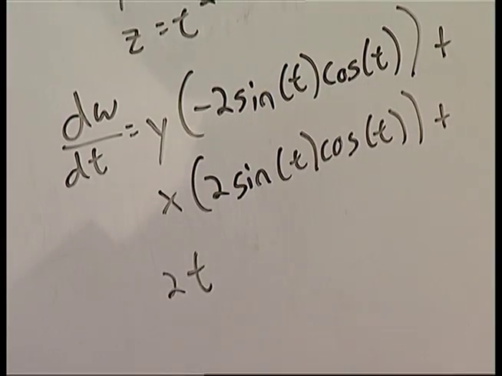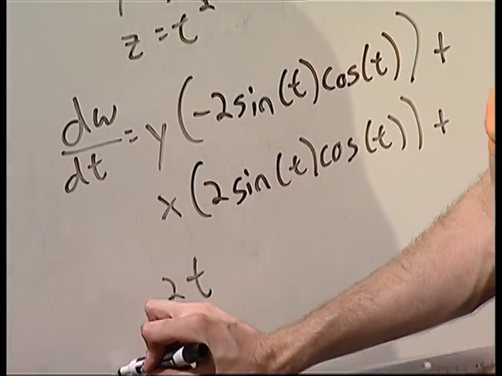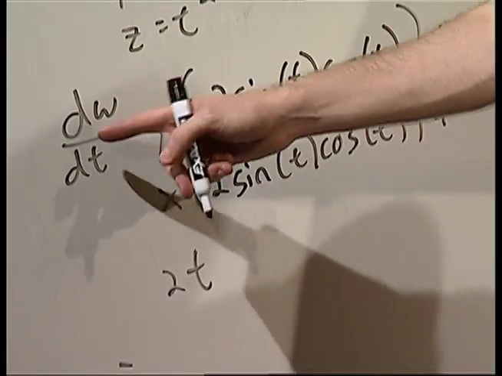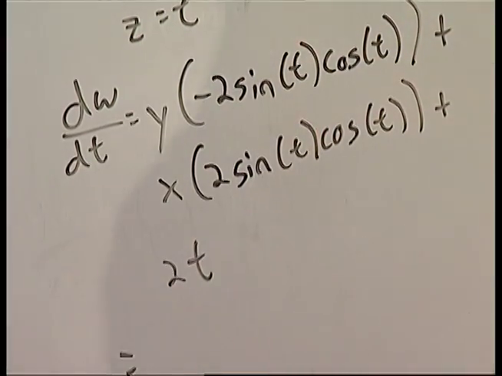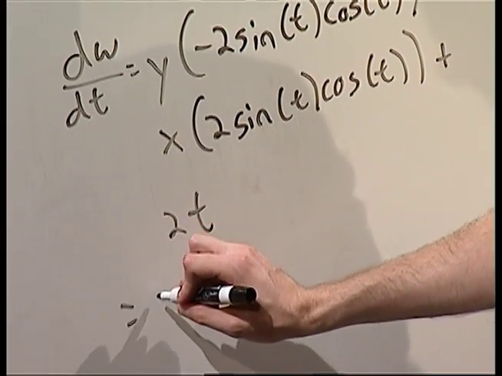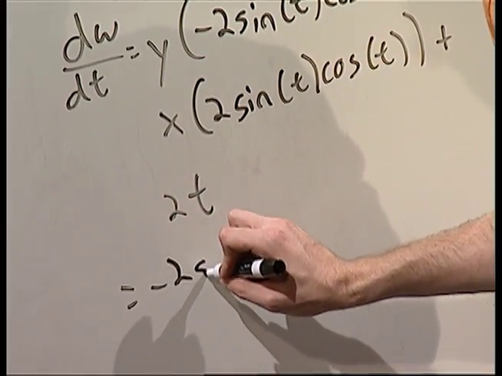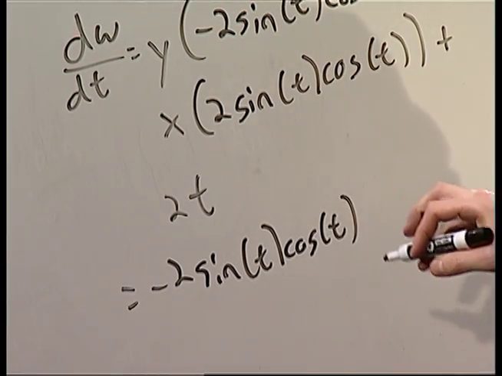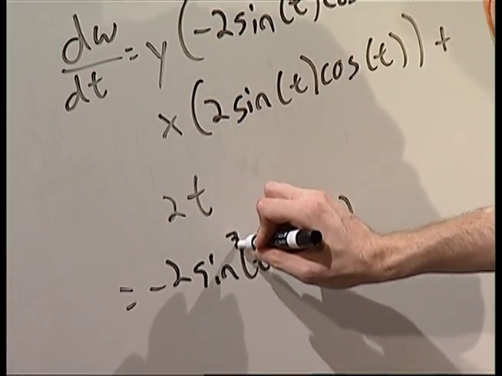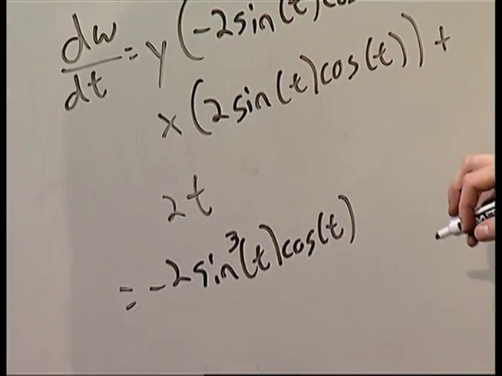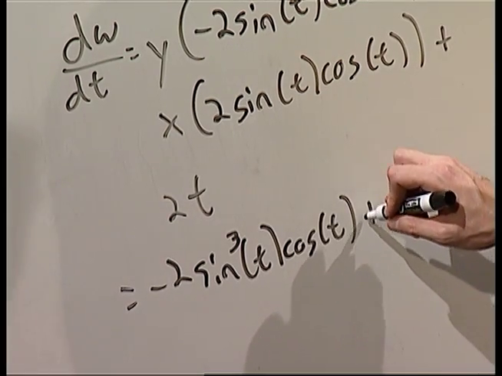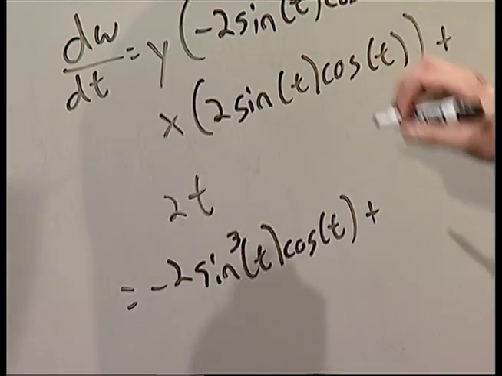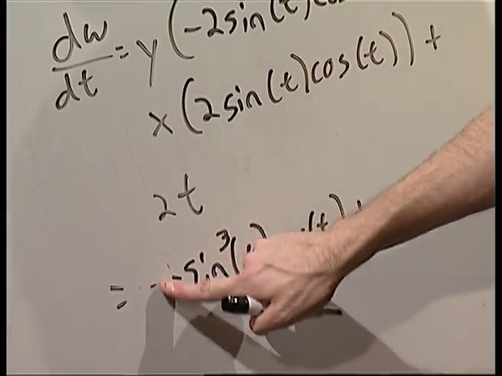And then at the end, I should say, this is dw/dt, so you need to have these in terms of t, so you can jam these things in here. So this winds up being a negative 2 sine t cosine t, and the sine squared makes this a sine cubed. This is a plus, that's a cosine squared. Actually, I can get the 2 out, can't I?